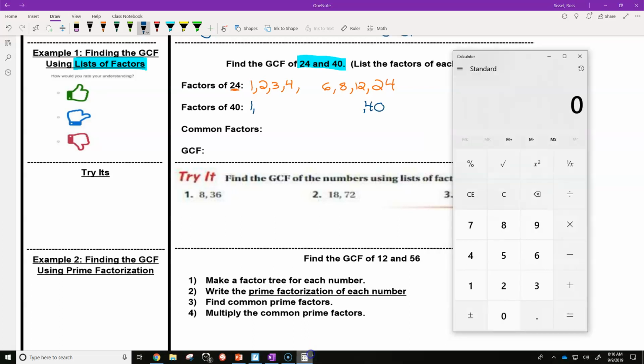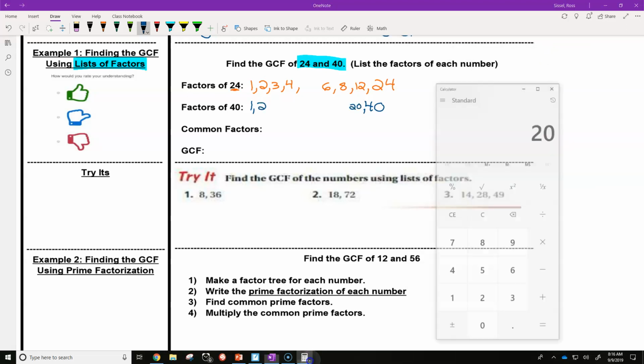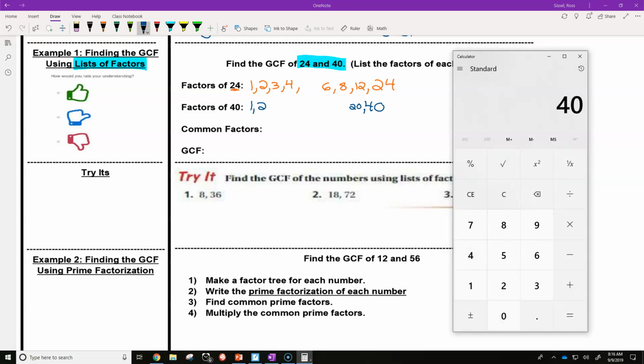And then showing you with your calculator if you need it. 40, I check the number 2. Comes out 20. So 2 times 20. 40, I check the number 3. Decimal, so no. 40, what comes after 3 that I check? Good.